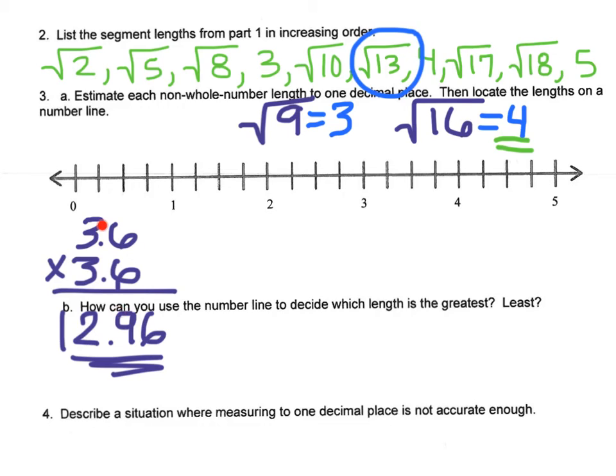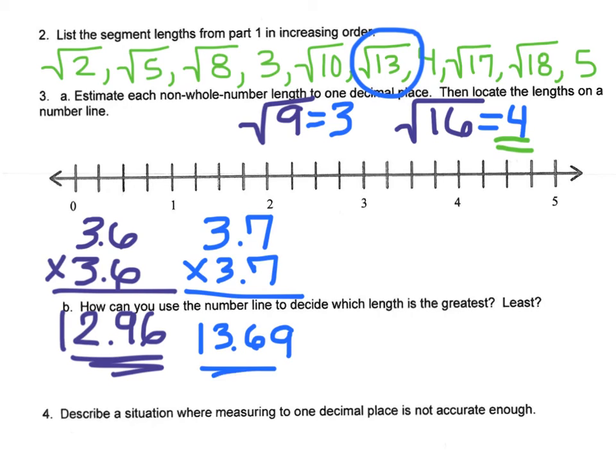Now to make sure that 3.6 is the best estimate, since 12.96 is a little smaller than 13, I might also try looking at 3.7. So if I multiply 3.7 by itself, you could do the multiplication by hand. I think I'll use a calculator. 3.7 times 3.7 is 13.69.